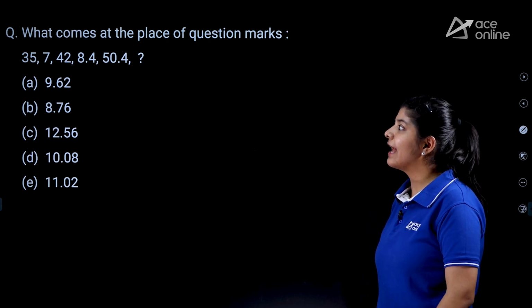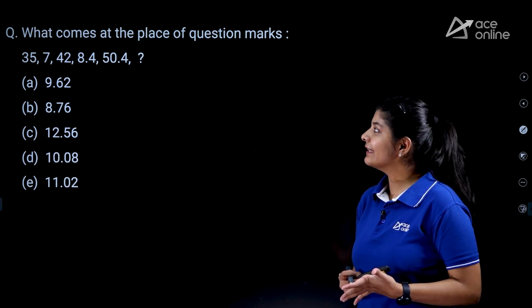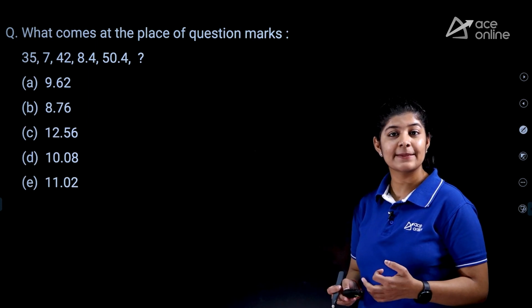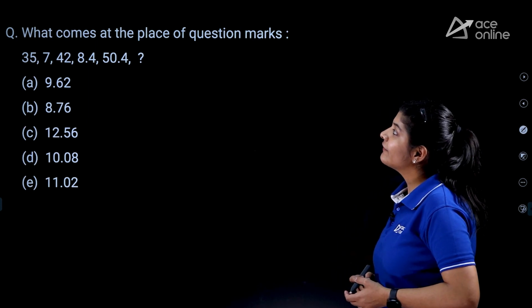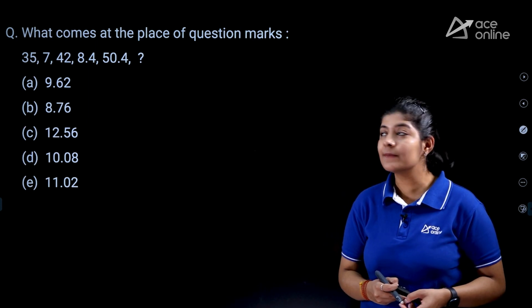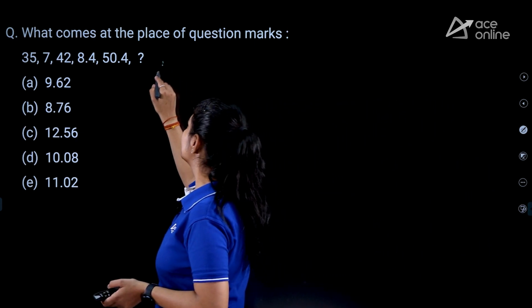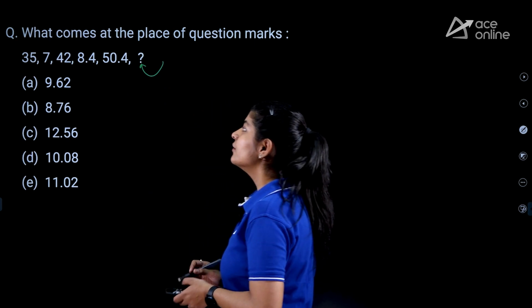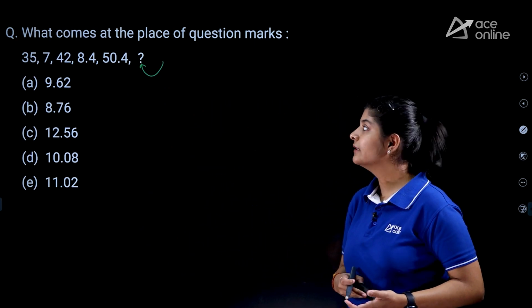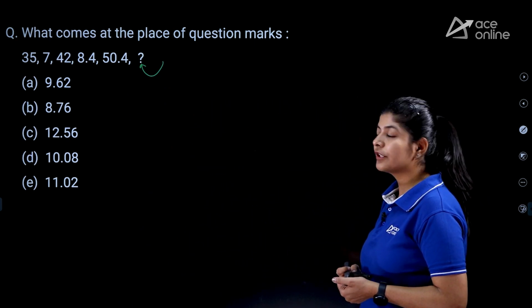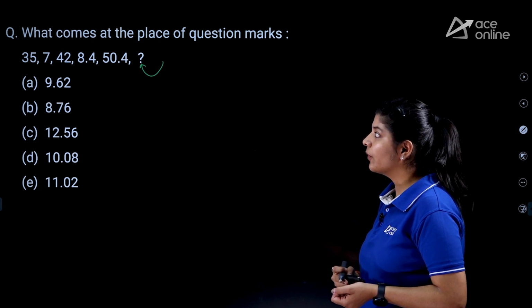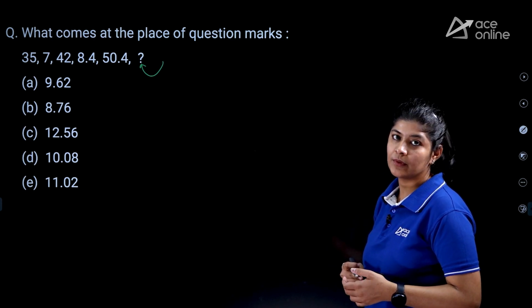Okay, so again we have a series, and in this series we have some decimal numbers also. Again, we have to find out what comes at the place of this question mark. So we have 35, 7, 42, 8.4, 50.4. Right?